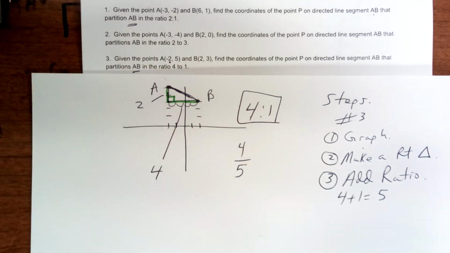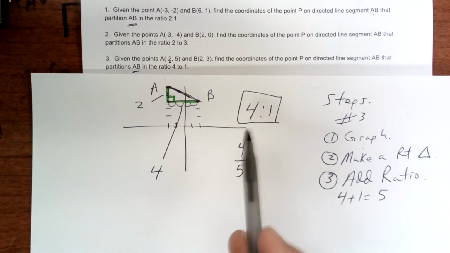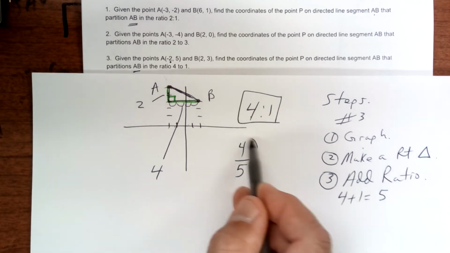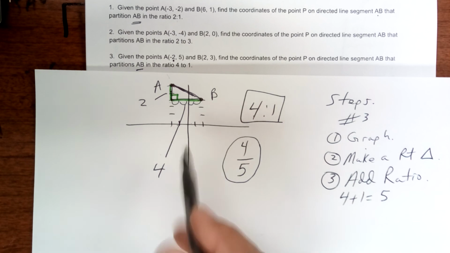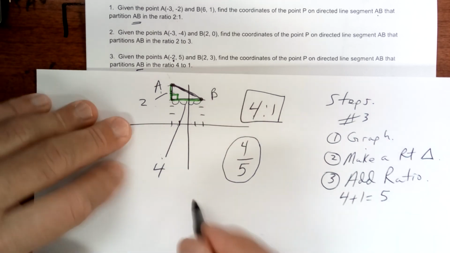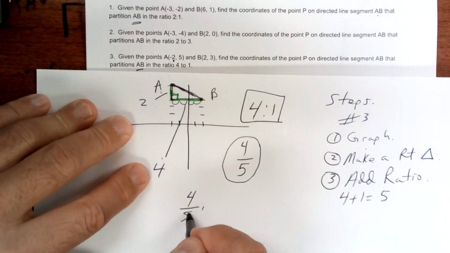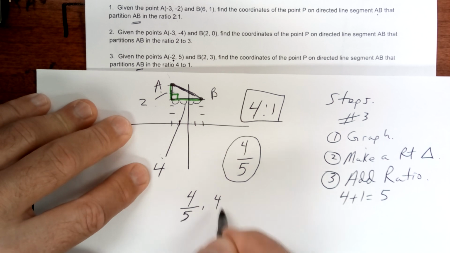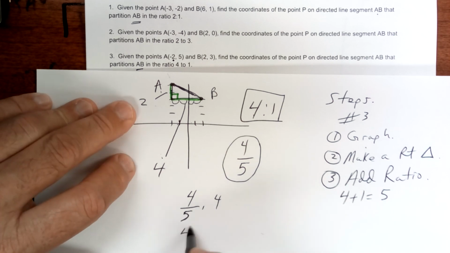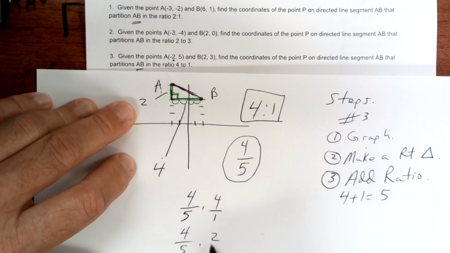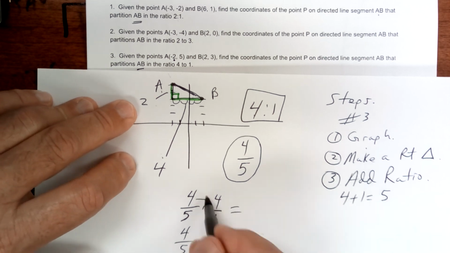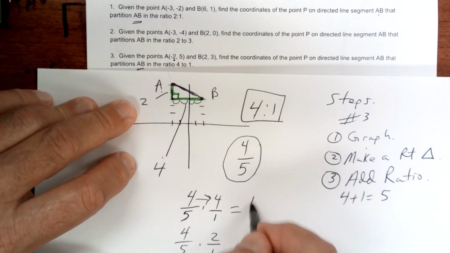So let's take a look. Let's think about this carefully. We're going to take this right here and multiply it to both of these. So put 4 over 5 times 4, and then put 4 over 5 times 2. Now put a 1 under here. Okay, let's multiply. 4 times 4 is going to give you 16 divided by 5.